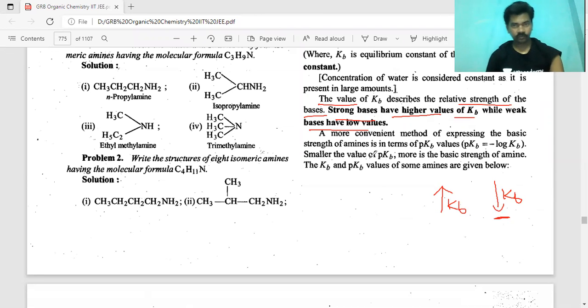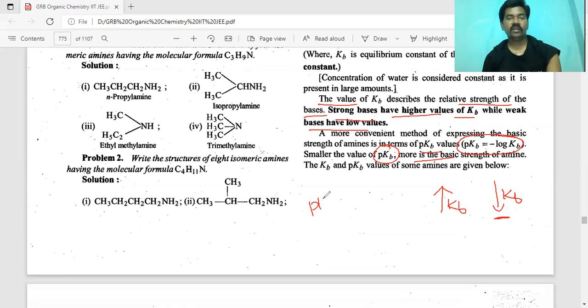A more convenient method of expressing the basic strength of amines is in terms of pKb values. pKb is equal to minus log Kb. This is also a very important formula while solving some questions. Very, very important: pKb is equal to minus log Kb. The smaller the value of pKb, the more the basic nature.